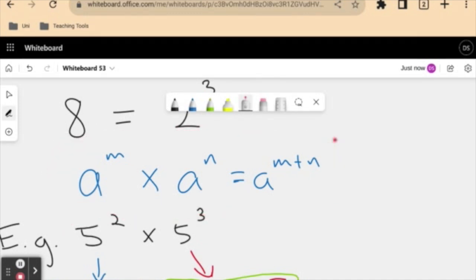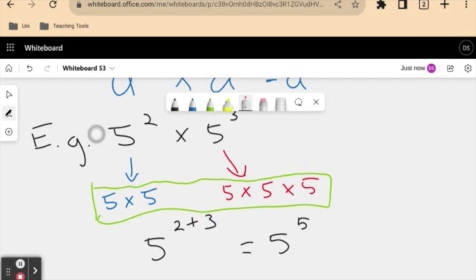This is the effect of multiplying indices, so multiplying numbers of equal base and different powers. They can be the same powers as well, but anytime we multiply same base numbers, we can add their powers together. That is pretty much the first rule of indices.